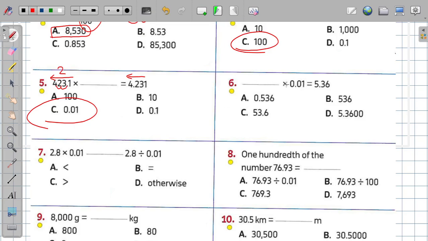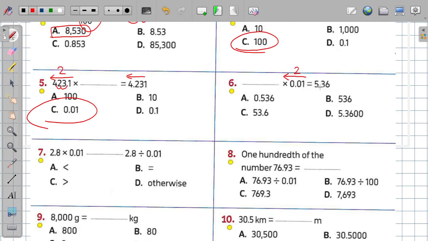Next, I have a number multiplied by 0.01 equals 5.36. What is the number? Multiplying by 0.01 means moving the decimal point 2 places to the left. Okay, so let's reverse the operation.